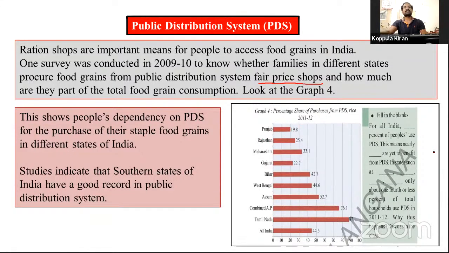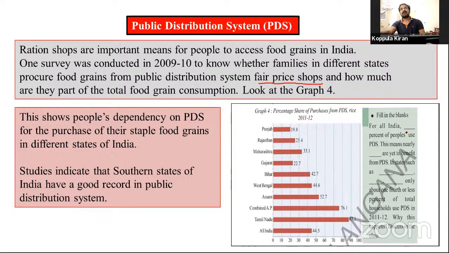Punjab 99, 90.8, Rajasthan only 25%, Maharashtra 33, Gujarat 22, Bihar, and combined AP 76.1. Tamil Nadu is the highest state. In this case, they are facilitating people to get food grains from ration shops only.